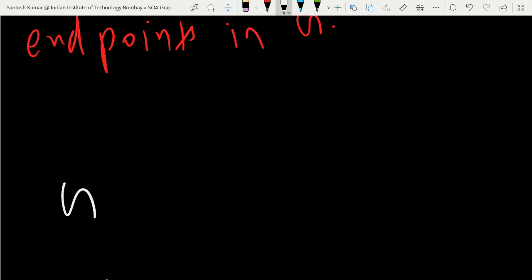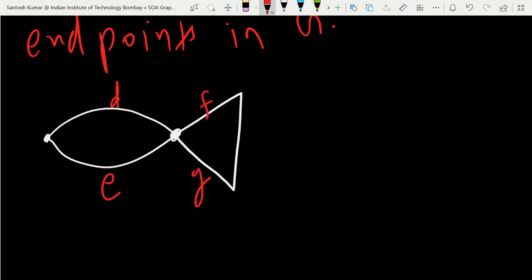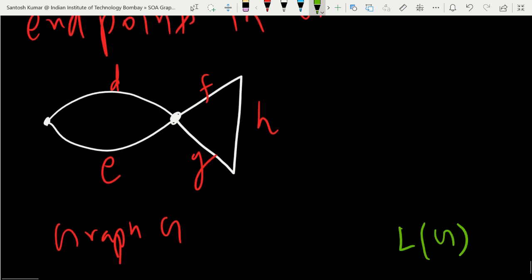See, a graph G has edges D, E, F, G, H. So this is graph G. D, E, F, G, H are edges in graph G, and you want to write the line graph of G, L(G).